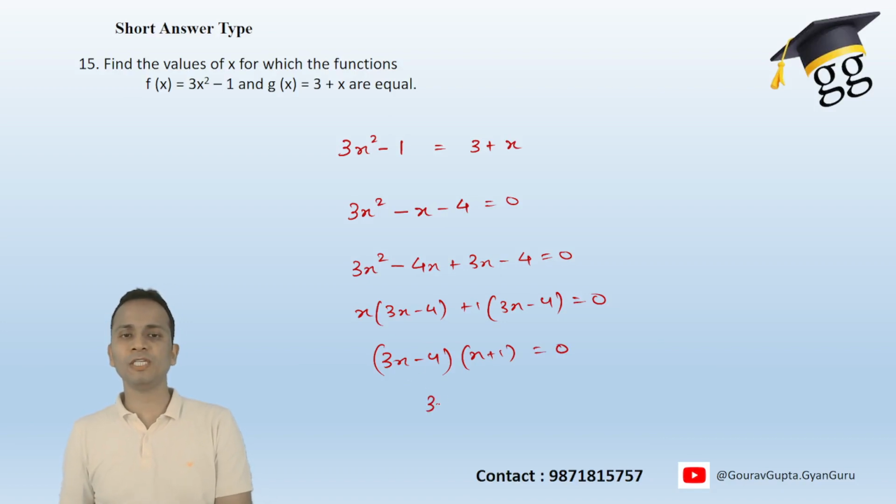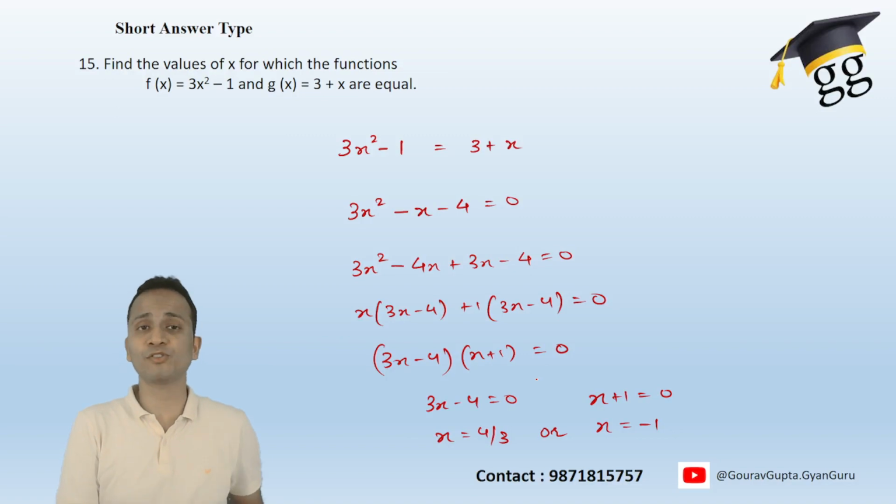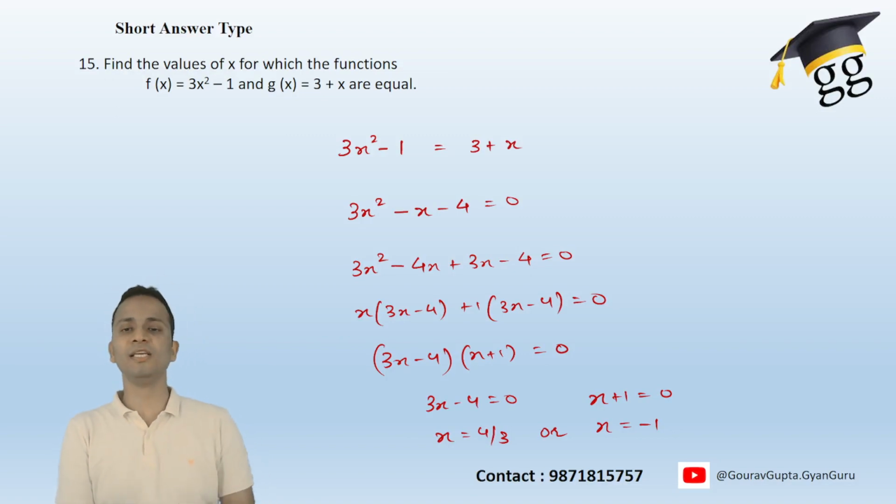So when 3x minus 4 is equal to 0, the value of x will be 4 upon 3. This is the first value of x. And when x plus 1 is equal to 0, the value of x will be minus 1. So the values of x will be 4 upon 3 or minus 1. And that's it. These are the values of x for which the functions are equal.